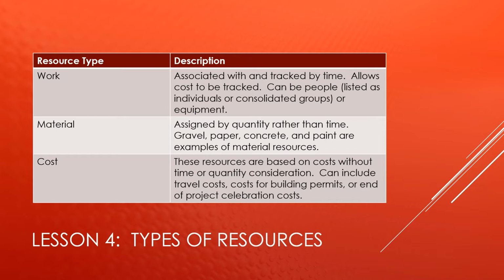Each travel cost would be noted at that task level. So if someone has a task to teach a class and it's in a different city, they have to travel to get to that city, their travel costs would be noted on that task. So you'll learn how to deal with all three resource types in just a few moments.